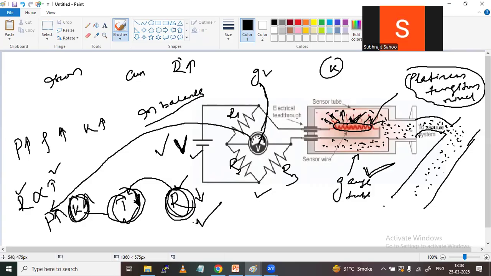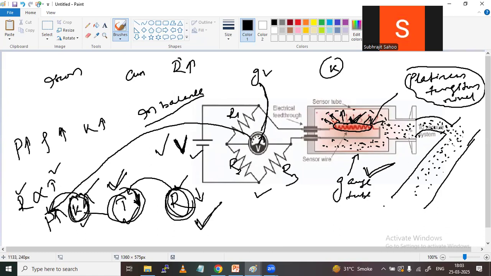Sir, why does the resistance change? Because of temperature change. Why does the temperature change? Because of heat transfer, because of conductivity. And there is a relation between conductivity and pressure. If pressure is more, conductivity is more. Suppose now the pressure is low.